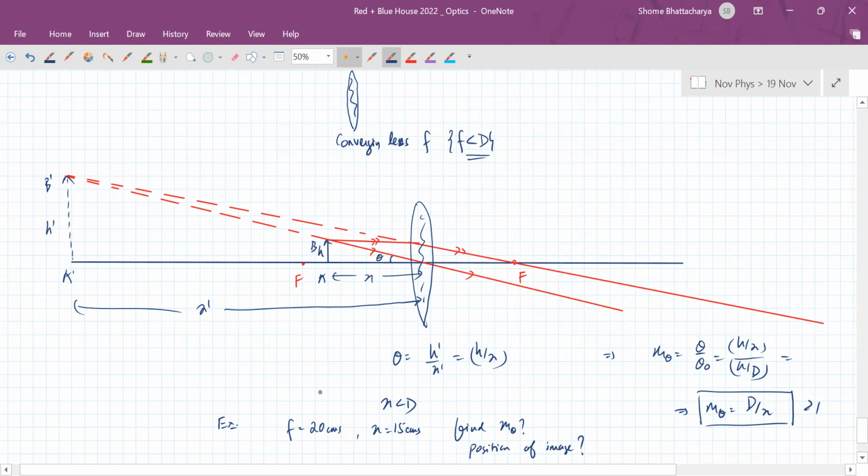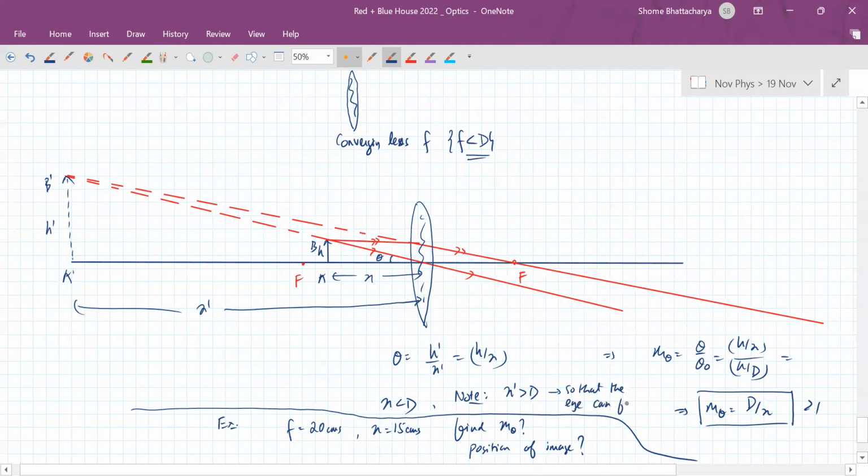So one thing that we have to take care of here is that x prime should be greater than d, so that the eye can focus the image A prime B prime, which it is seeing, on its retina.